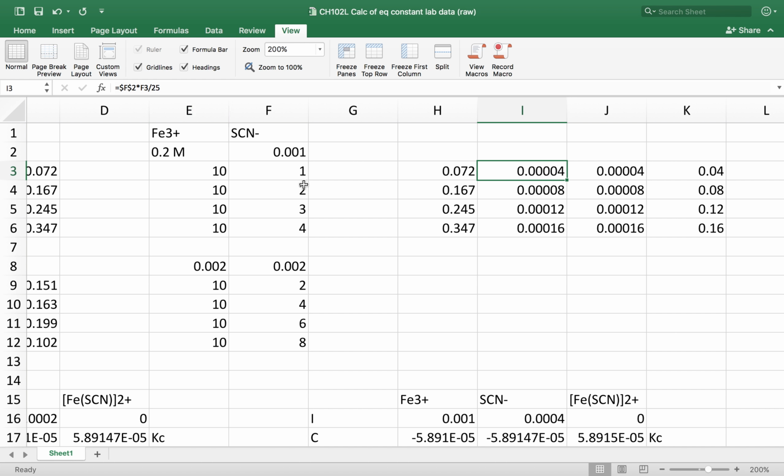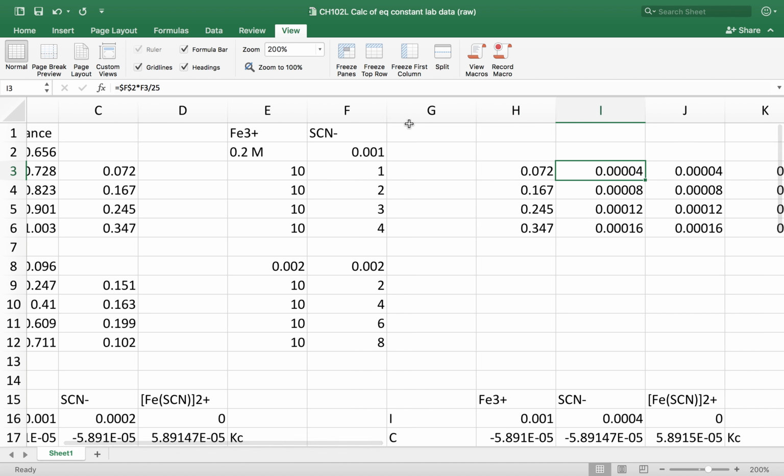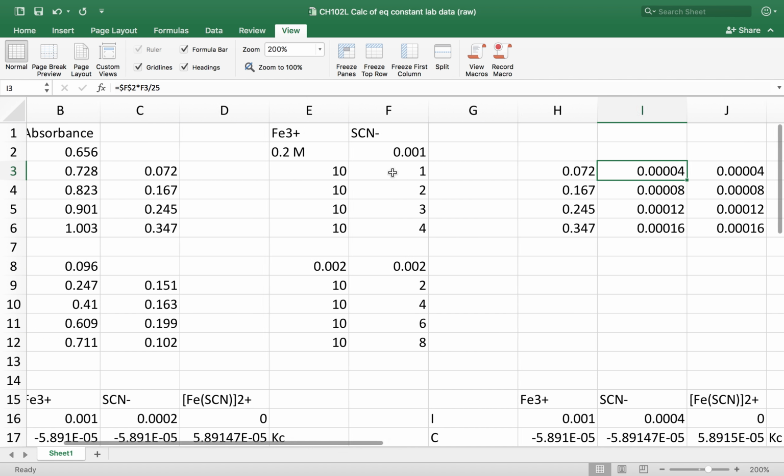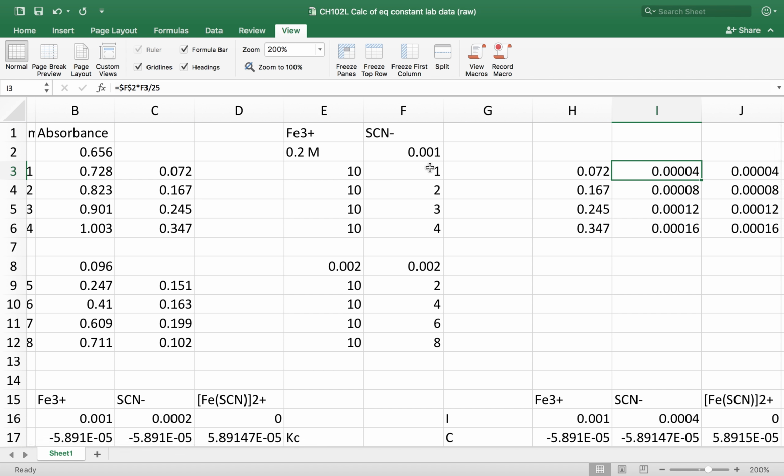I don't have it written on here, but if you look in your handout, there was an additional roughly 10 milliliters of a nitrate solution that we also added, and the effect was that every single one of these solutions had a total volume of 25 milliliters.